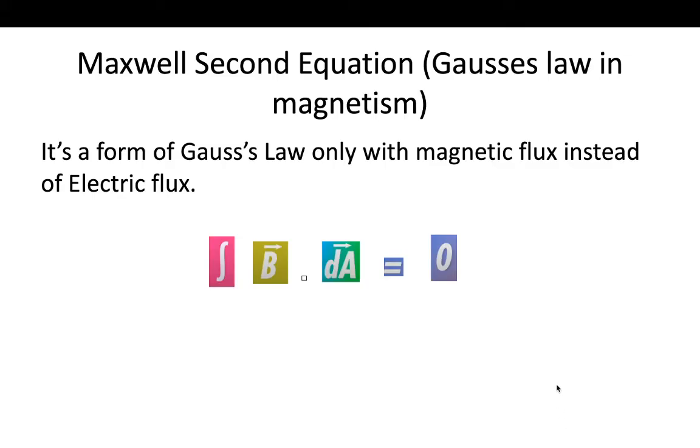The first equation represents electricity, and the second is a form of Gauss's law only with magnetic flux instead of electric flux. So everything is the same, only magnetic instead.